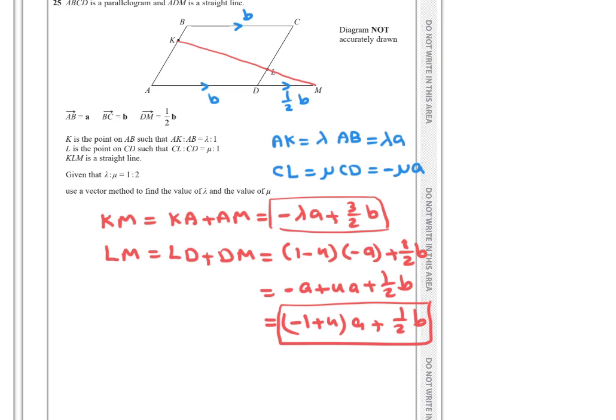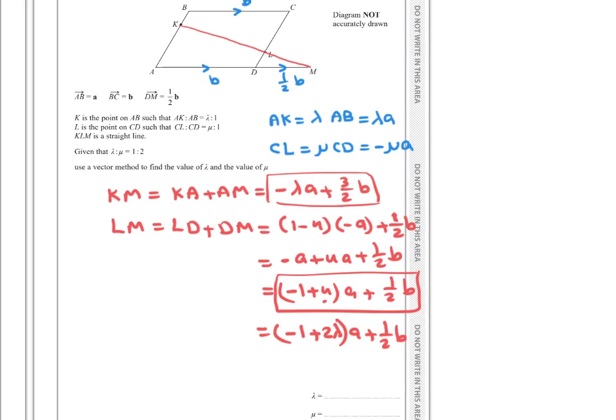Now, because lambda to mu is 1 to 2, this means mu is double lambda. So mu is 2 lambda, so you can replace mu by 2 lambda. So this equals (negative 1 plus 2 lambda) a plus half b. Now we have KM and LM on the same straight line, so they are parallel.